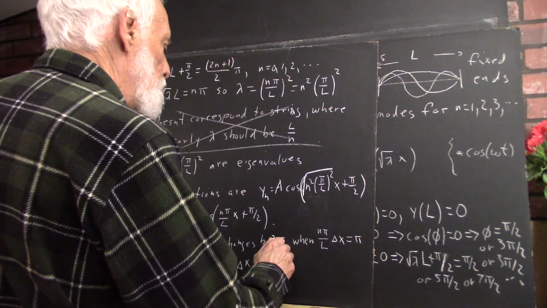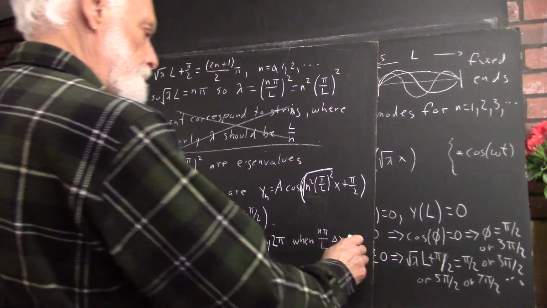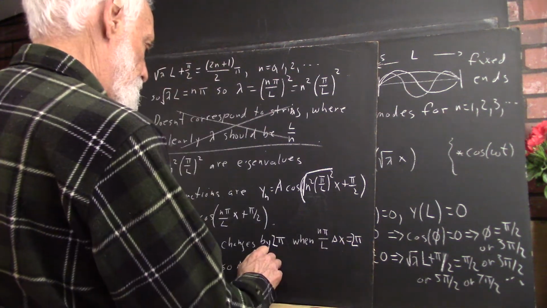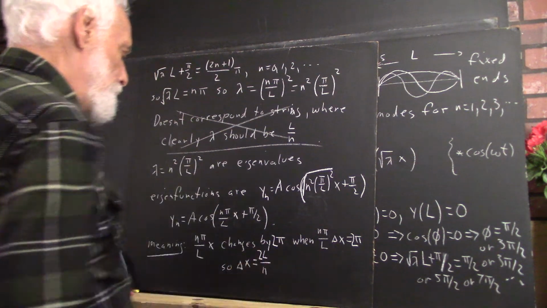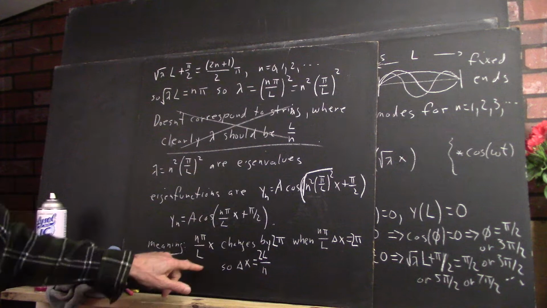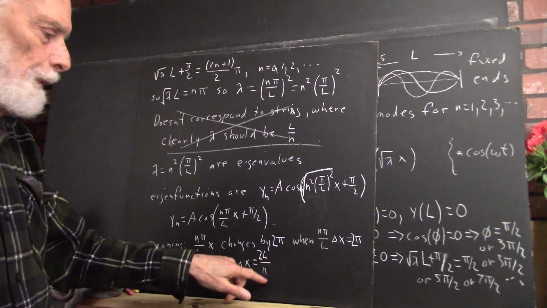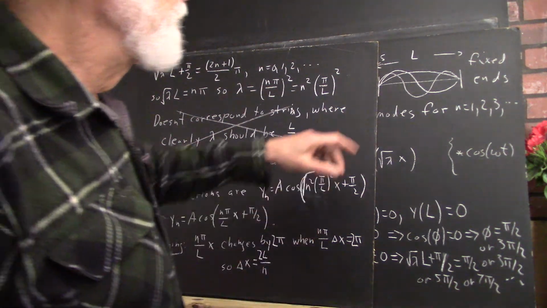It changes by 2 pi when this equals 2 pi. In other words, this goes through a whole cycle when x changes by 2L over n. Okay, now what's that mean here?